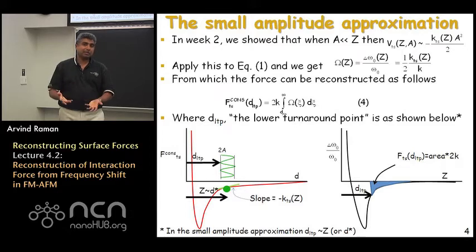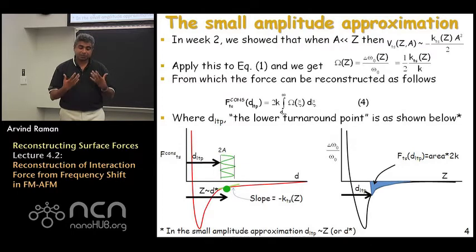As a result, there really is no difference between d_LTP and z in the case of extremely small oscillation amplitudes. However, we will still stick to d_LTP for the limits of the integration because it makes it consistent with the other formulas that we're going to be discussing in a bit.